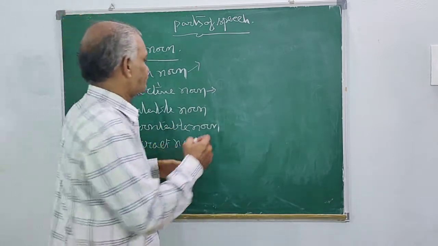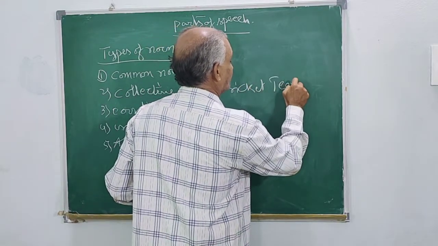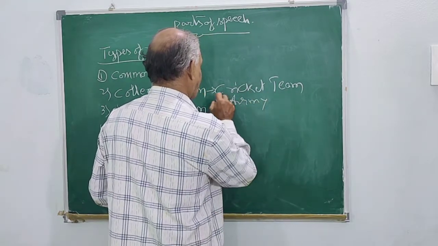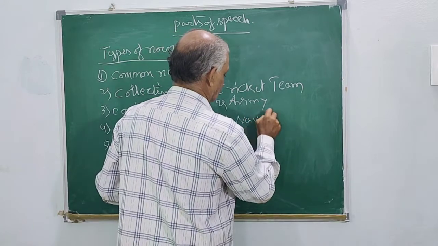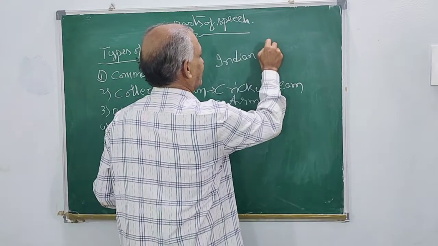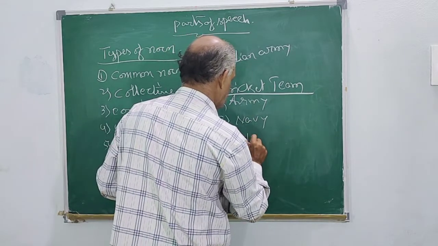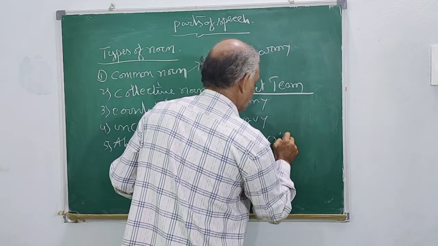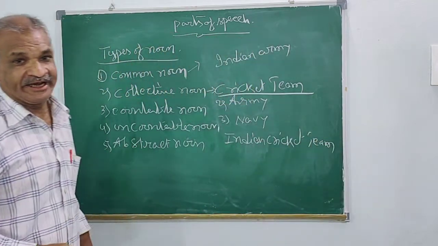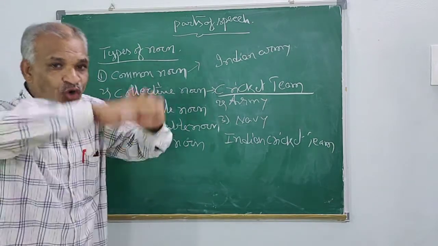Suppose, like cricket team, like army, Indian Army, Indian cricket team. So one common word is given to a group of people.